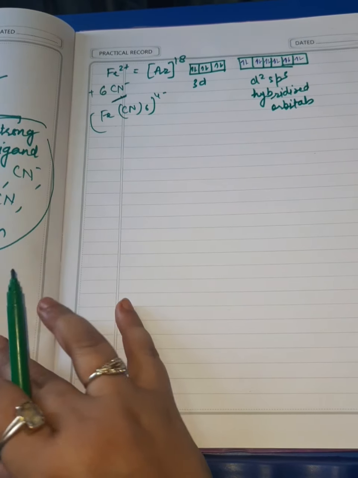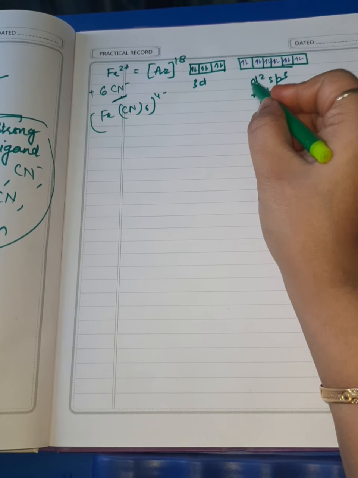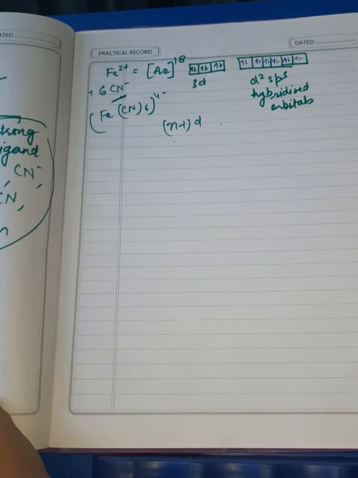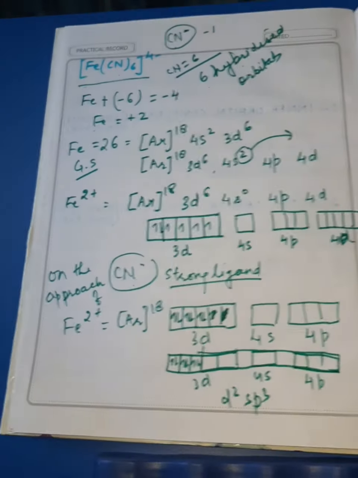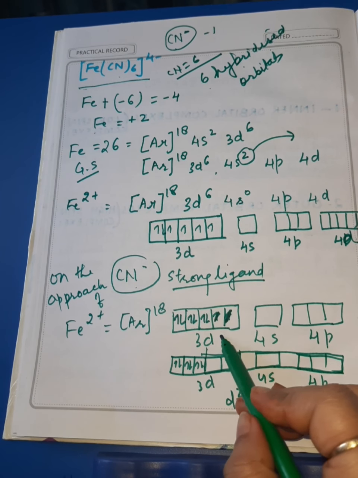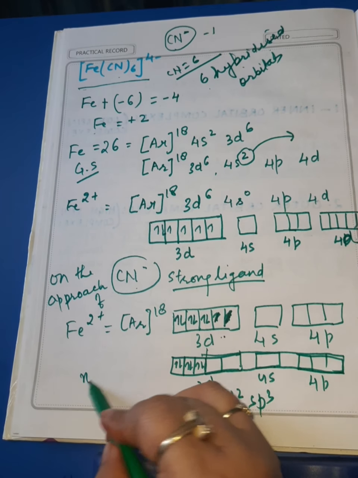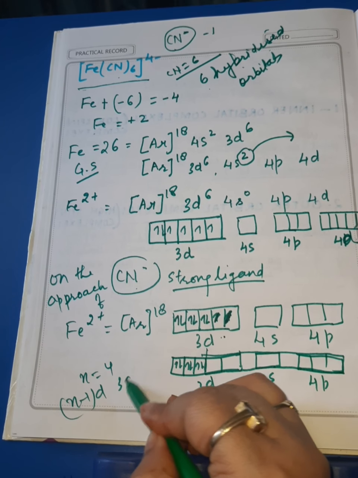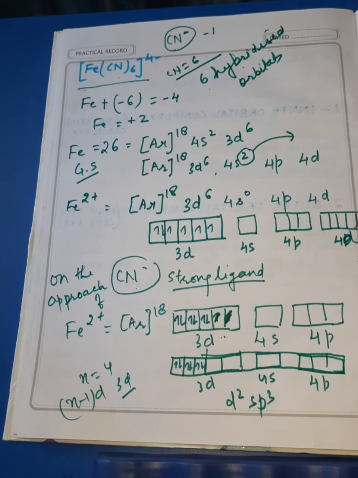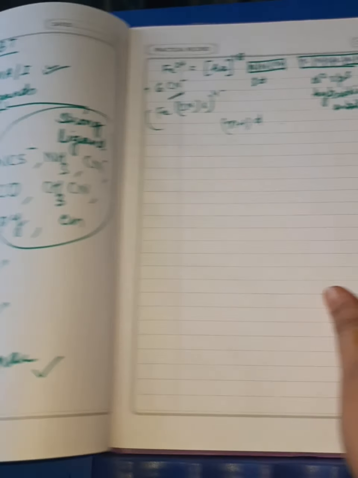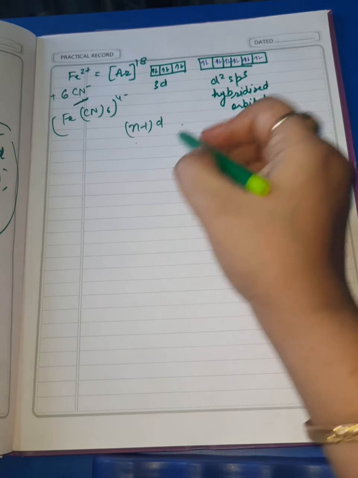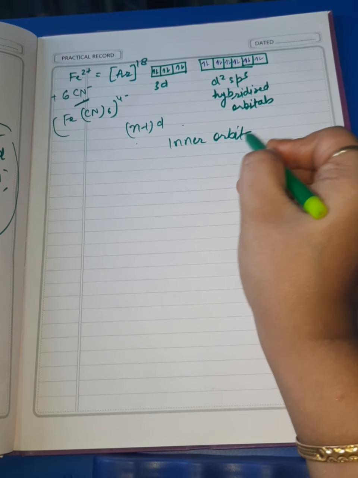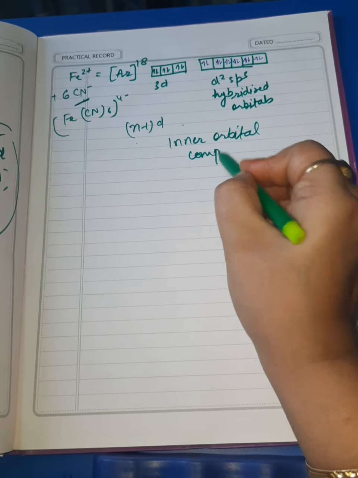Now, since in this hybridization the (n-1)d orbital is involved, I'll show you here, the outer orbital n is 4, and (n-1)d means the 3d orbital is involved in the hybridization. That's the reason we are calling this complex an inner orbital complex.